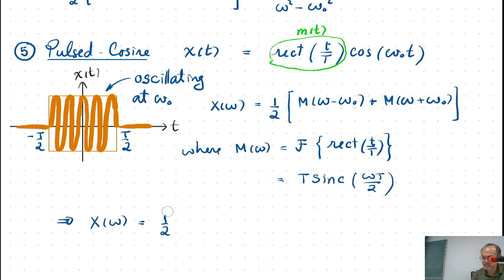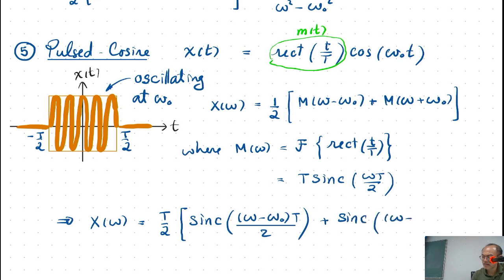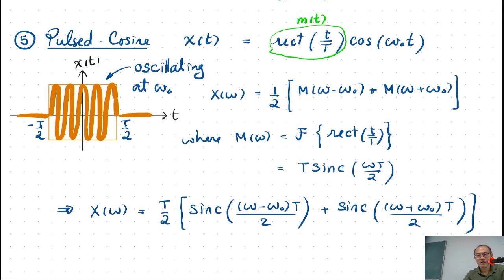Actually, it has to be T here, T over 2, half of T. The left one is sinc, replacing omega with omega minus omega 0, times T over 2. And the other one is sinc omega plus omega 0 times T over 2. And now this is the spectrum of the pulse cosine.